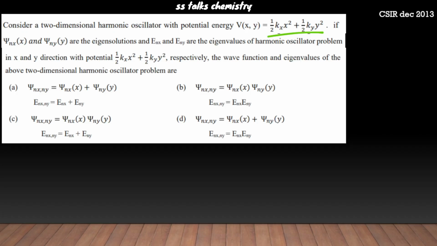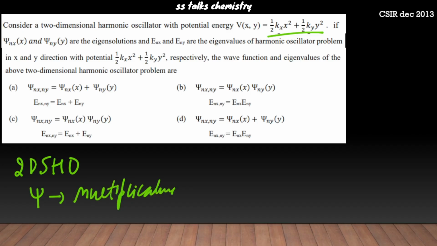So very easy one, just instead of one dimension, now they are talking about the two-dimensional SHO, right? We just remember this, that wave functions are multiplicative in nature, and the energy values are additive in nature.